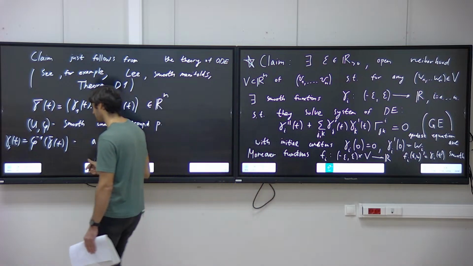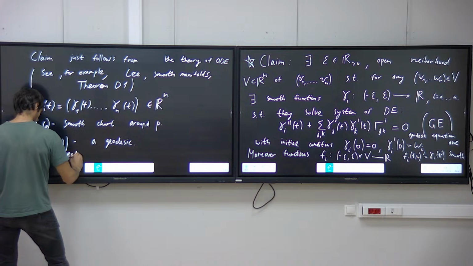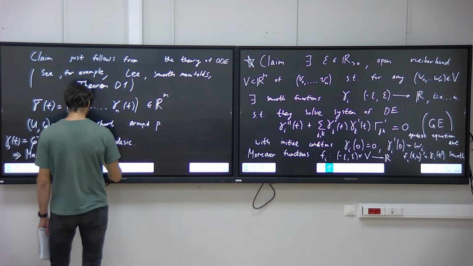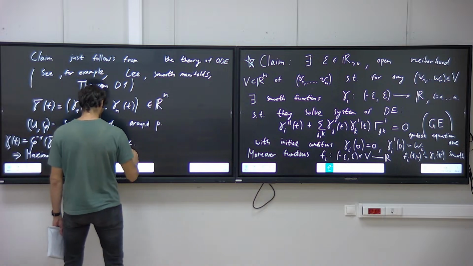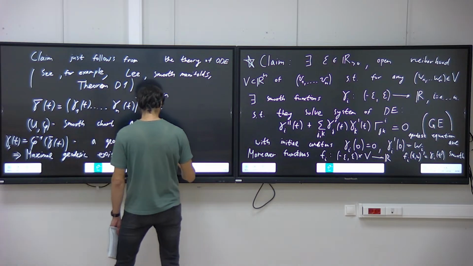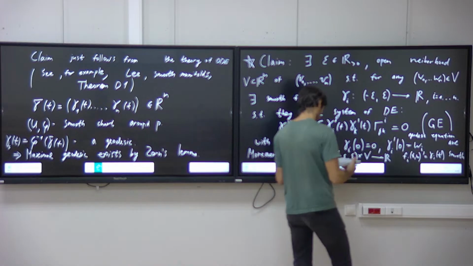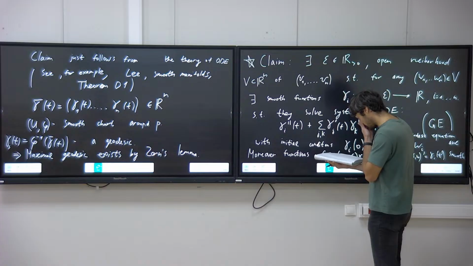So a maximal geodesic exists by Zorn's lemma. Very well.